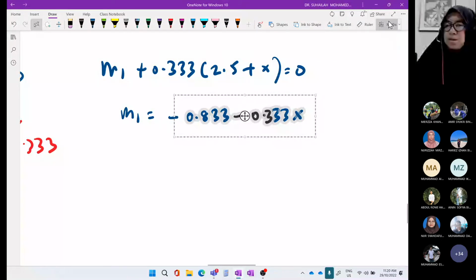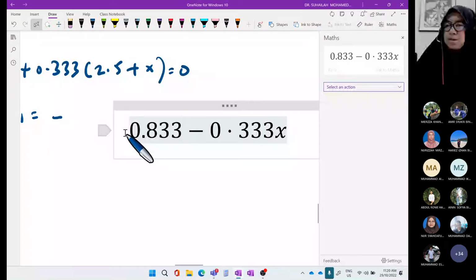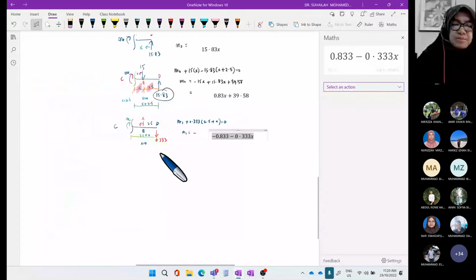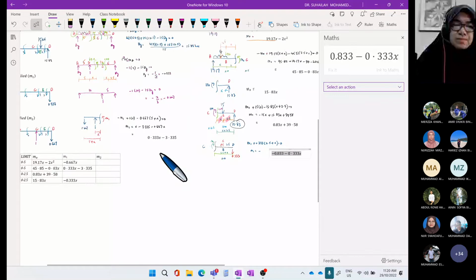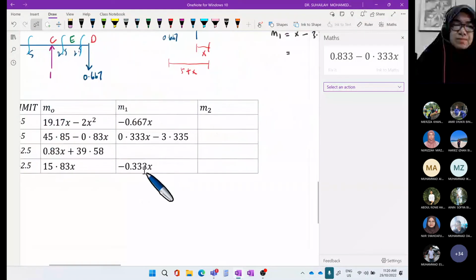Okay. Ada negatif kat depan kan tadi. Negatif. So this will be the equation.